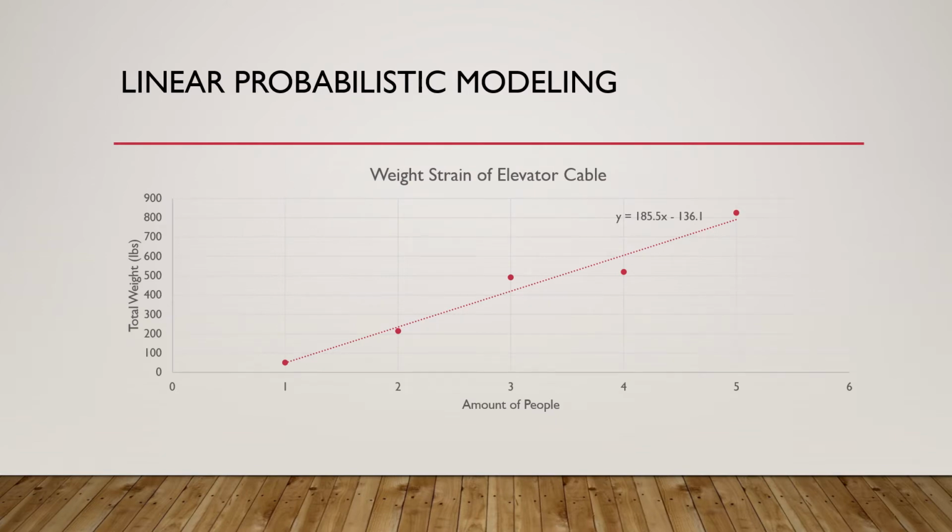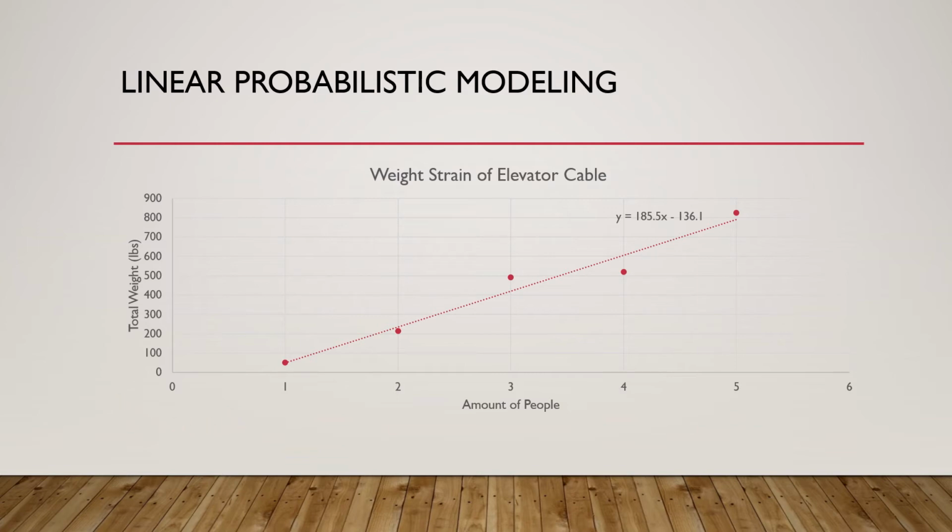When looking at a typical elevator within an apartment complex or a hotel building, we typically have to look at, as engineers, what is the total amount of stress that an elevator might be causing on a typical day. So here we have modeled the amount of people that may be in the given elevator versus the total weight that they might each contain, or what the total amount of weight that each of them will produce.